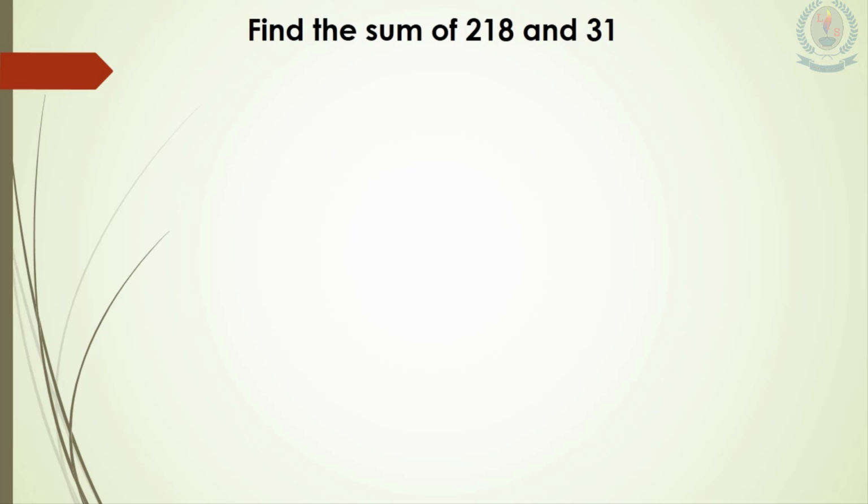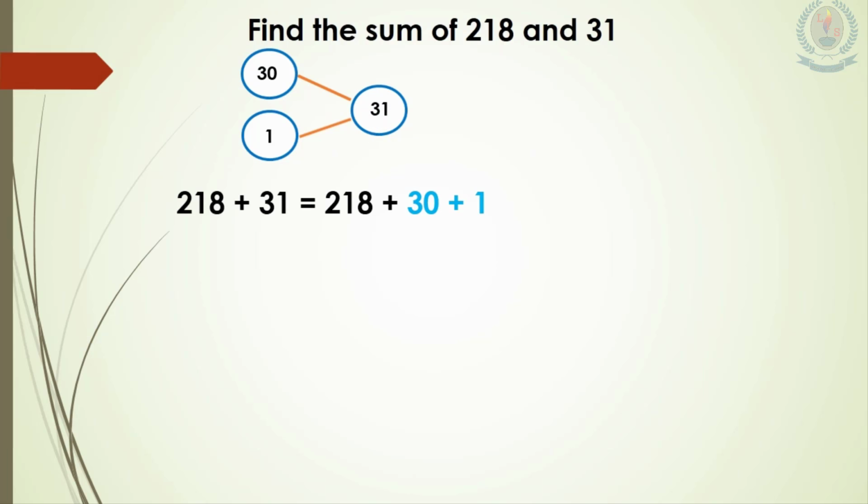Now let's find the sum of 218 and 31. 31 means 30 plus 1. So, 218 plus 31 is the same as 218 plus 30 plus 1.